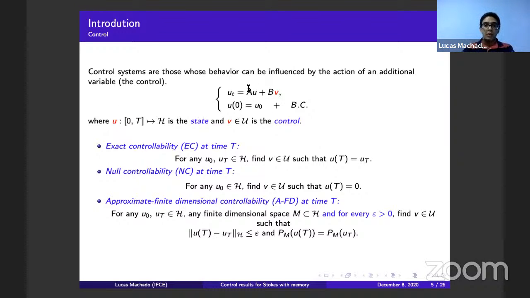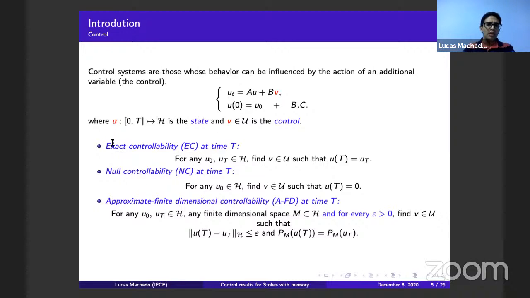The system is like this, where u is the state and v is the control. The variable v is a free variable, chosen in order to achieve the objective. Some types of controllability are exact, null, approximate, for example.